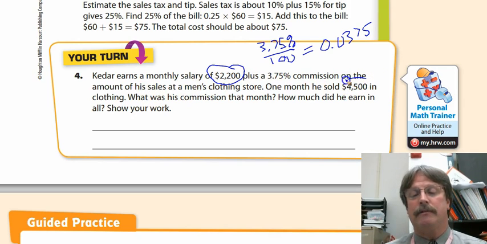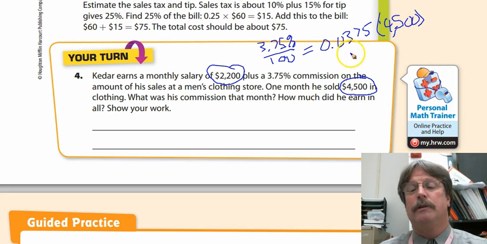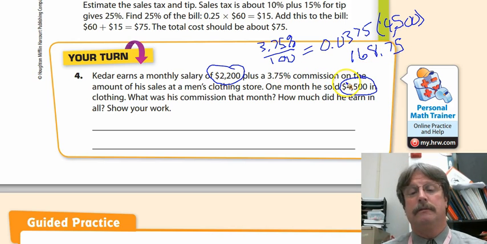Well, here's the amount of sales. It's 4,500. So you're going to take this and we're going to multiply the 4,500. This amount is going to come out to $168.75. So this is what his commission is. But we got to go ahead and we have to include this. So it says what was his commission for that month.